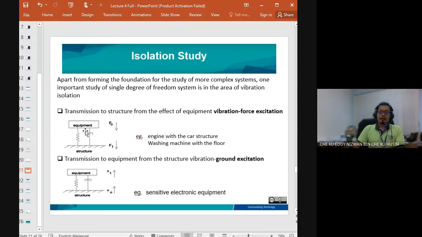Okay, and then this is the force created by the equipment, and this is the structure. So how much of the force is transmitted to the structure basically depends on how much displacement the equipment itself has.